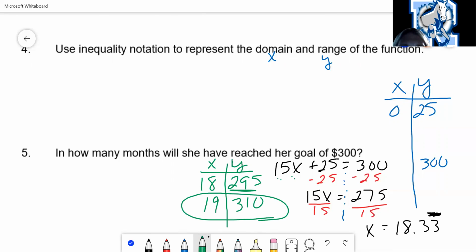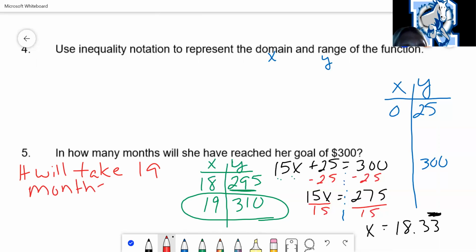This is the answer you're looking for, because for her to have enough money, it will take 19 months to have enough money.